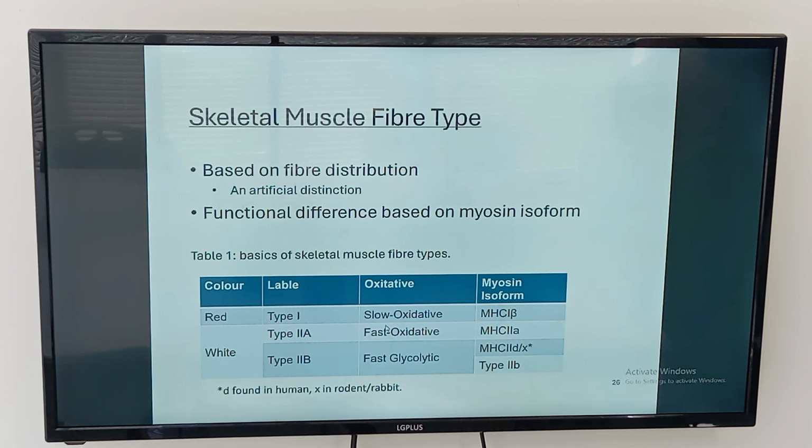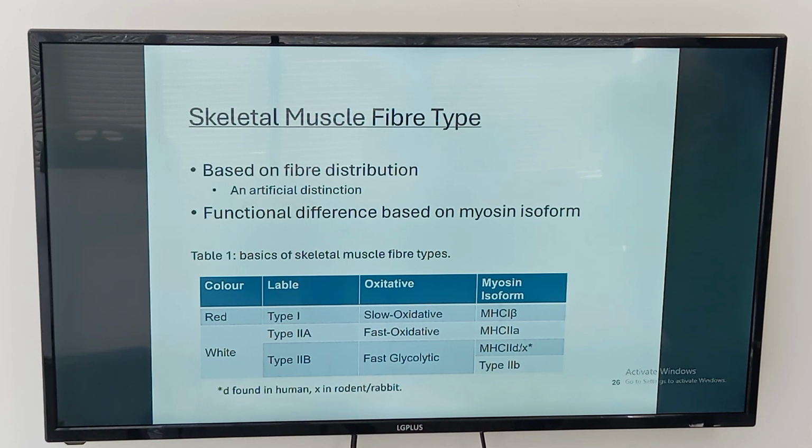However, not completely fatigued, in a moderate way. The second type of white color is type 2B, which is fast glycolytic, myosin heavy chain 2B. And this last part is used for short distance but high intensity and becomes fatigued quite fast.